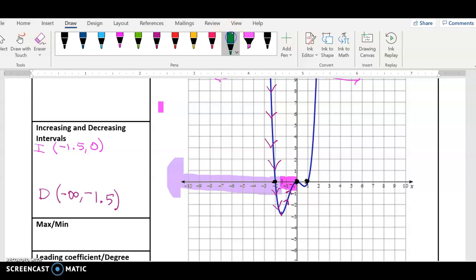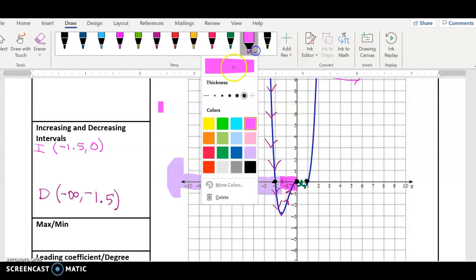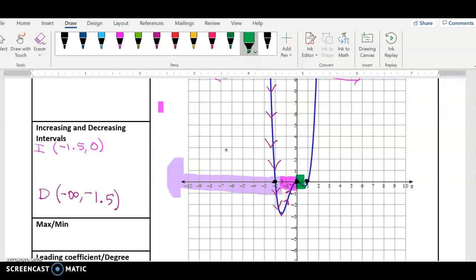Then notice that the graph is going down, down to right there. So it's decreasing in that little interval, and where is it decreasing? Between 0 and, I don't know, 0.8. So we have to guesstimate just a little bit. It's decreasing between 0 for an x value and 0.8 for an x value.